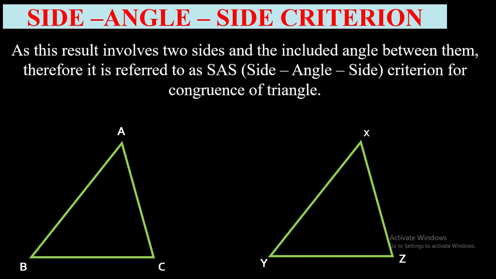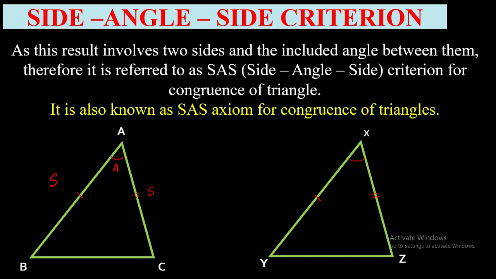As this result involves two sides and the included angle between them, therefore it is referred to as the SAS criterion for congruence of triangles. That's why it's called the side angle side congruence criterion, and it's also known as the SAS axiom for congruence of triangles.